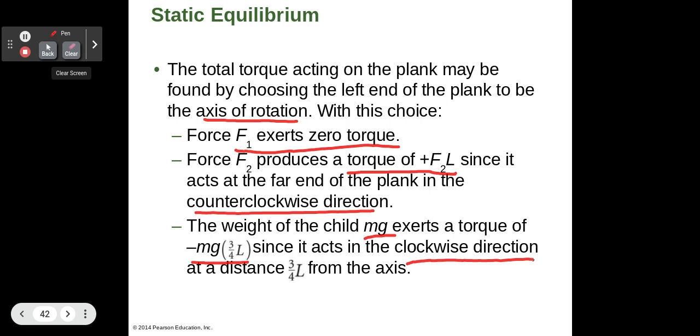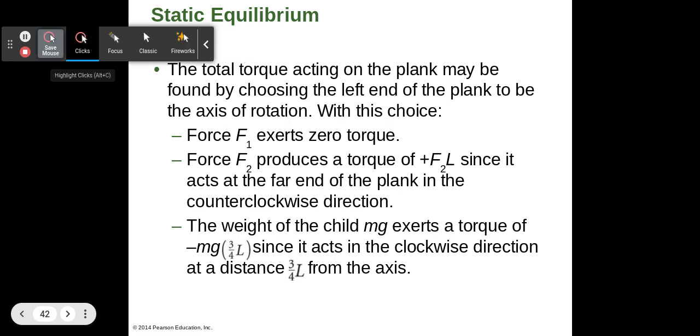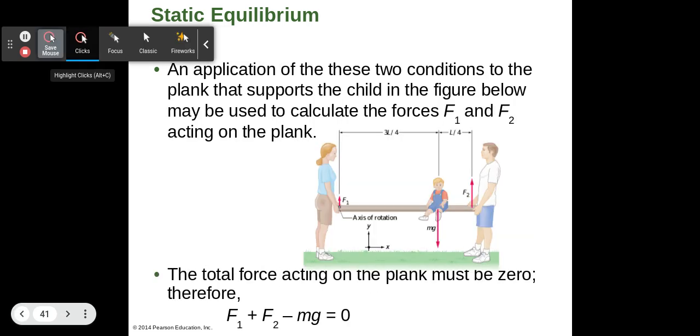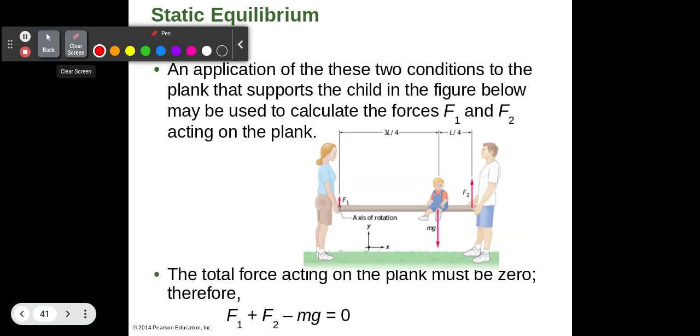So let's clear this and let's go back and look at our diagram again. Okay, so here's our axis of rotation right here. So F2 is applied at the other end of the plank.